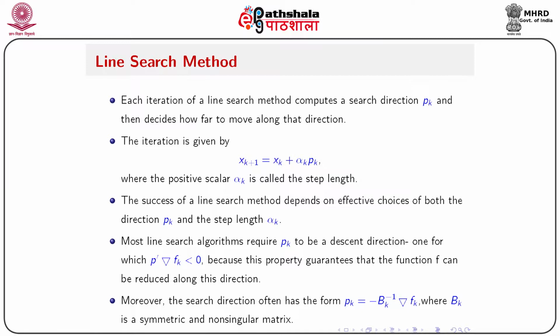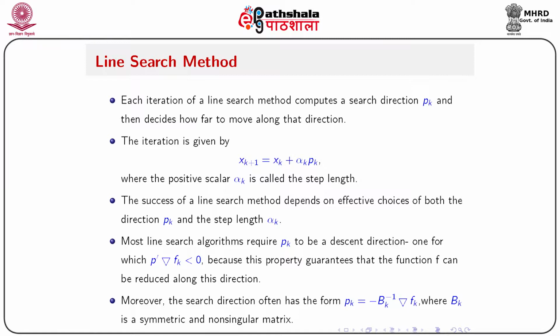The success of a line search method depends on effective choices of both the direction pk and the step length alpha k. Most line search algorithms require pk to be a descent direction, one for which pk transpose times gradient fk is less than 0, because this property guarantees that the function f can be reduced along this direction.